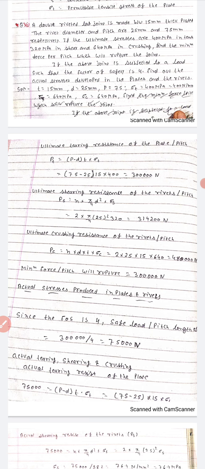You can multiply by n depending upon the number of rivets that are going to fail. Okay, we had already seen this formula, but we are going to use it, so this is for quick revision.